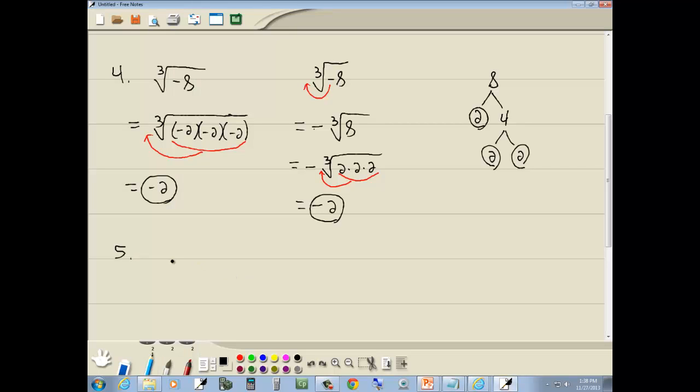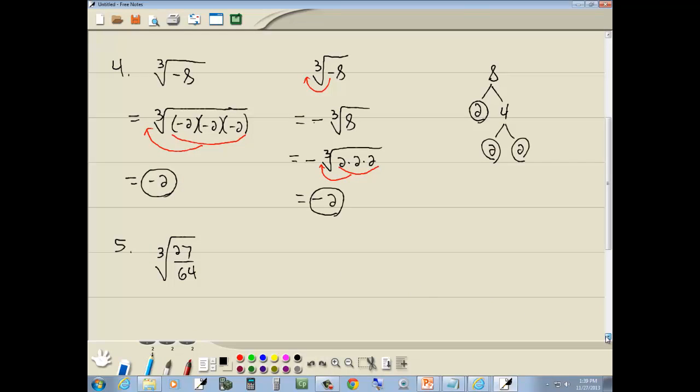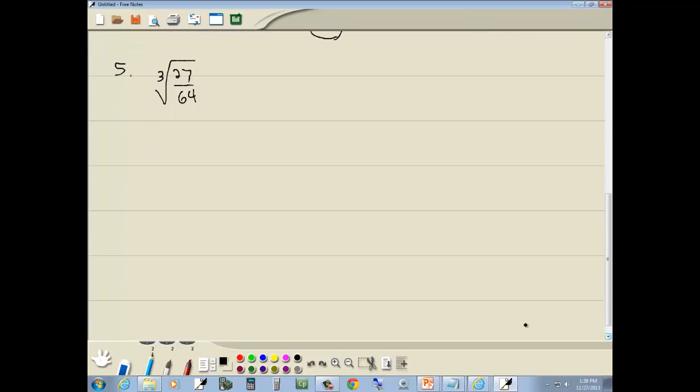Let's take a look at this example. We got 27 over 64. Sometimes, by using a factor tree, it makes it a little bit harder if we can just see what they're multiplied together. Like here, the index is 3, so we're looking for a set of 3 of something.